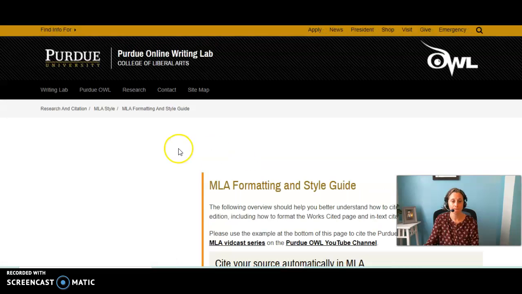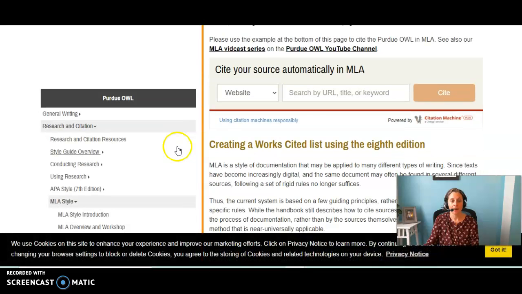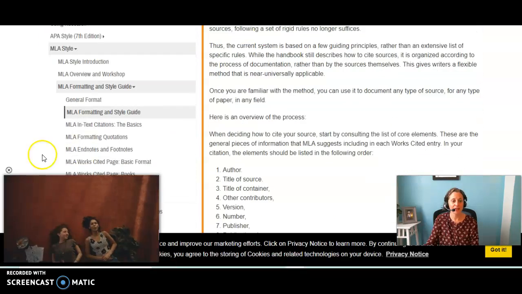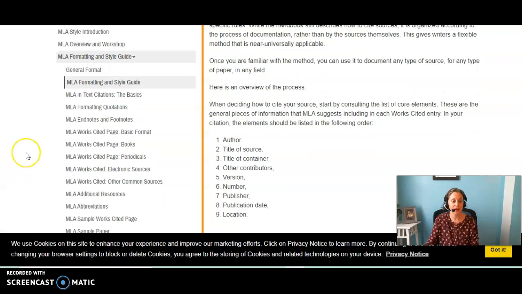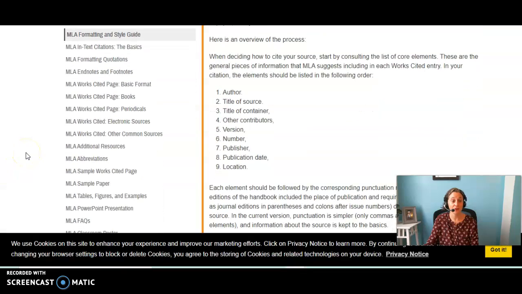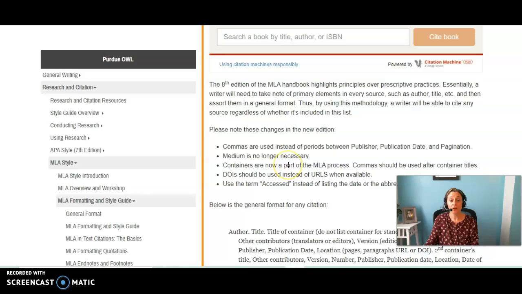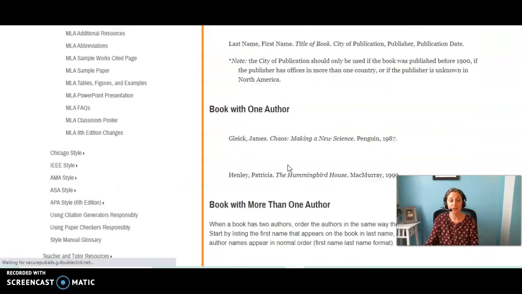MLA. Okay. So this actually is a citation machine, a citation generator, which can be useful. But the main type of citation that you want to be referring to is when we go to books. Okay. Got it. Our book is considered an anthology.